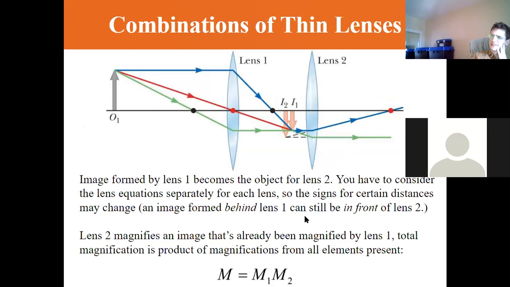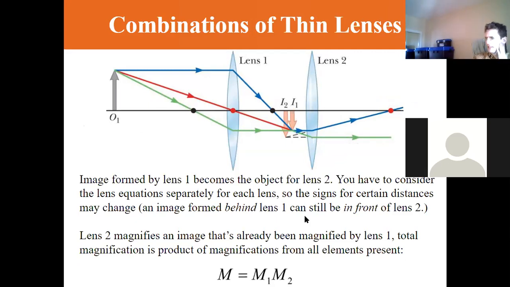If you have 2 lenses put together, what you can do is use the lens equation. You can treat them separately, and check what image is formed through lens 1, and that image is going to be what passes through lens 2. So the image of lens 1 becomes the object for lens 2. You can use the lens equation 1 lens at a time.